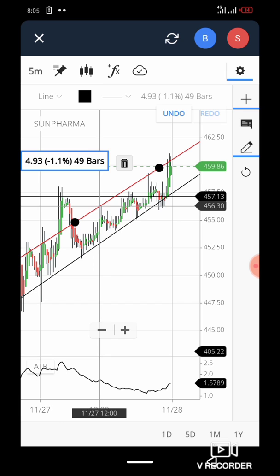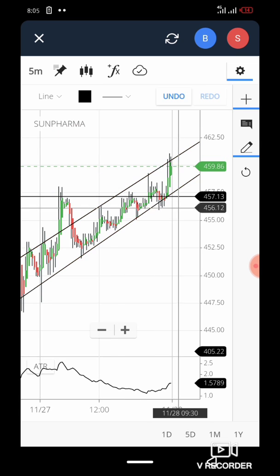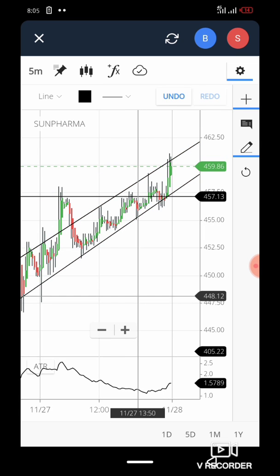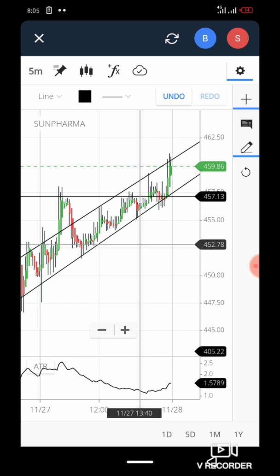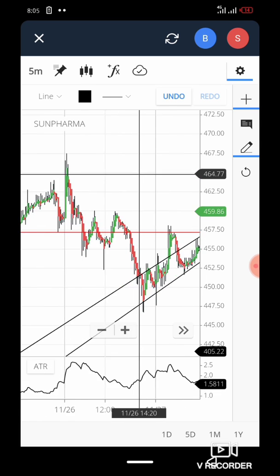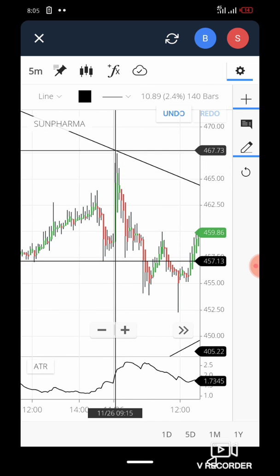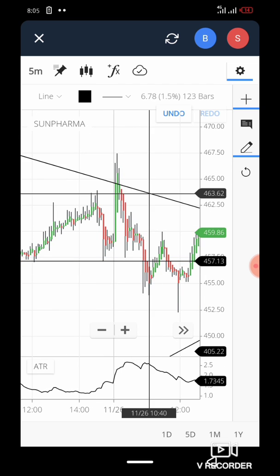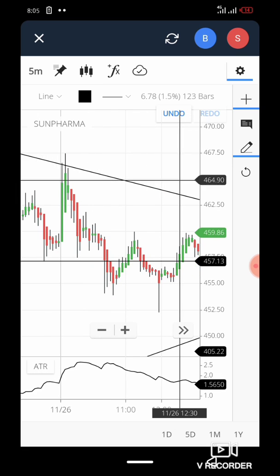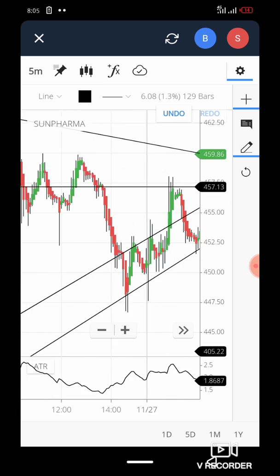You see the touches here and here. Price will not move straight. There are very few chances that it will go up at 90 degrees like this, and ultimately it comes down again. So never buy anything in greed. With greed it will not work.